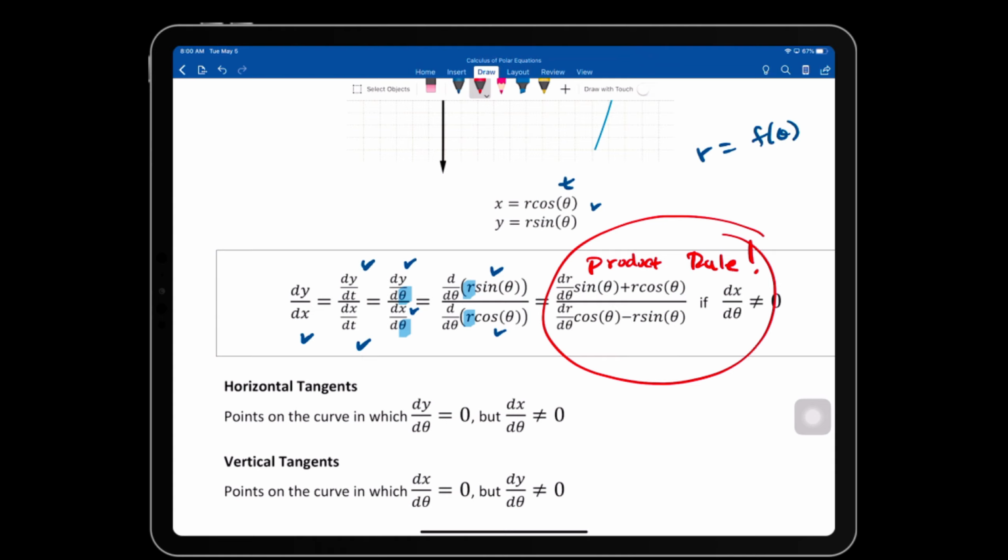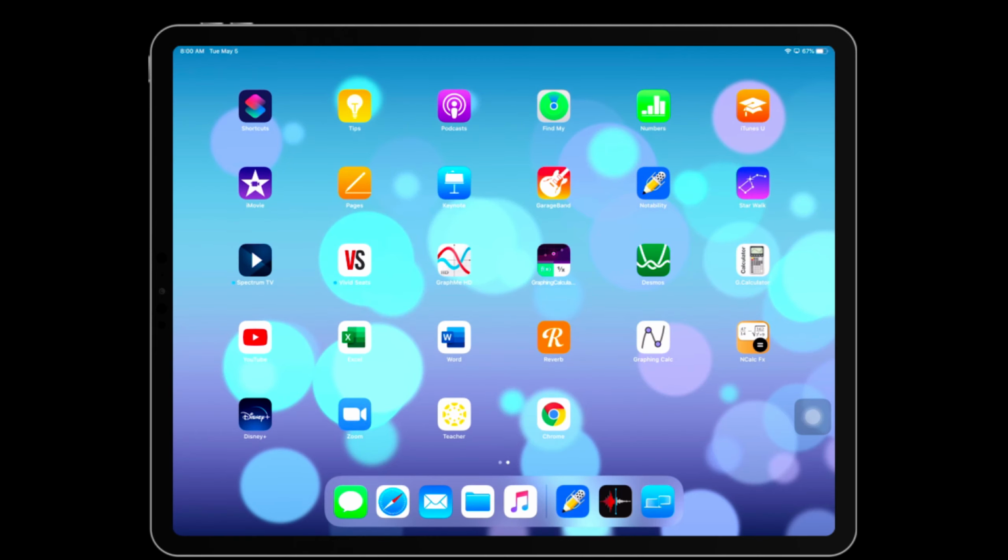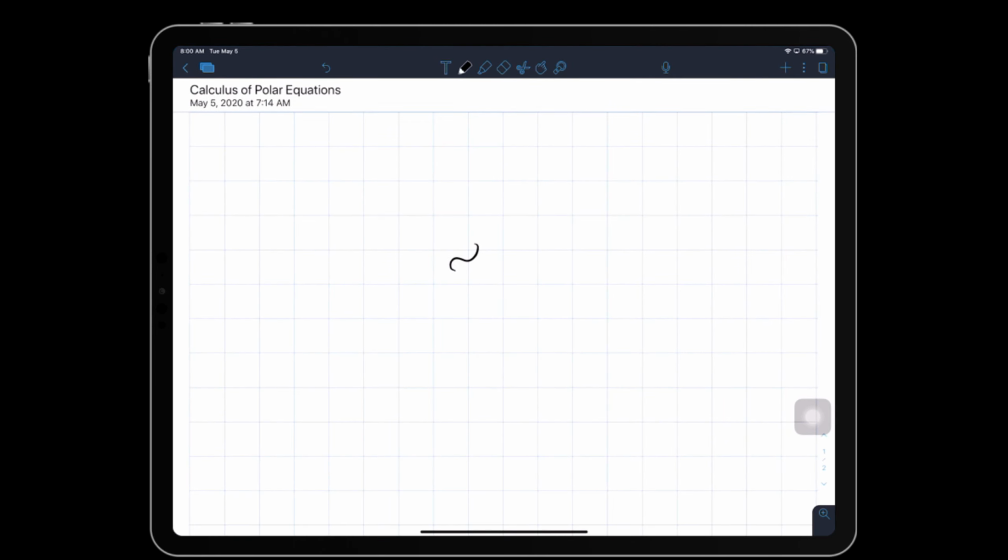Okay, so let's go back here to the notes, and let's see how to use this formula. I'm just going to go to 262 here. Okay, so let's write this down for us. And this is what we'll use today.